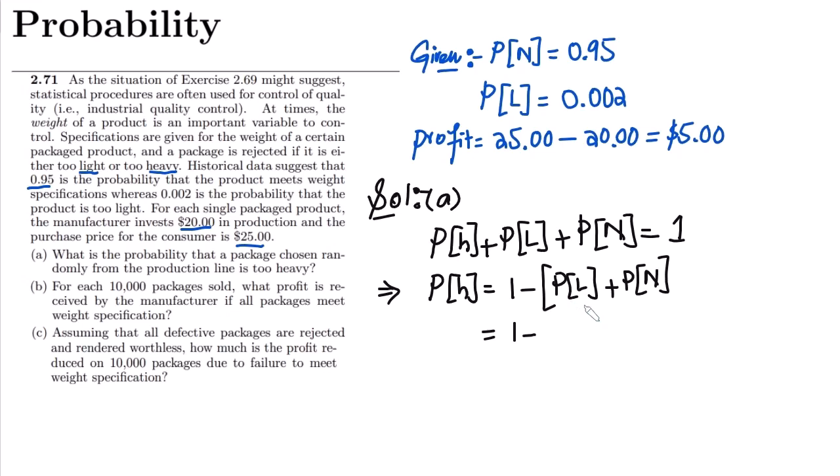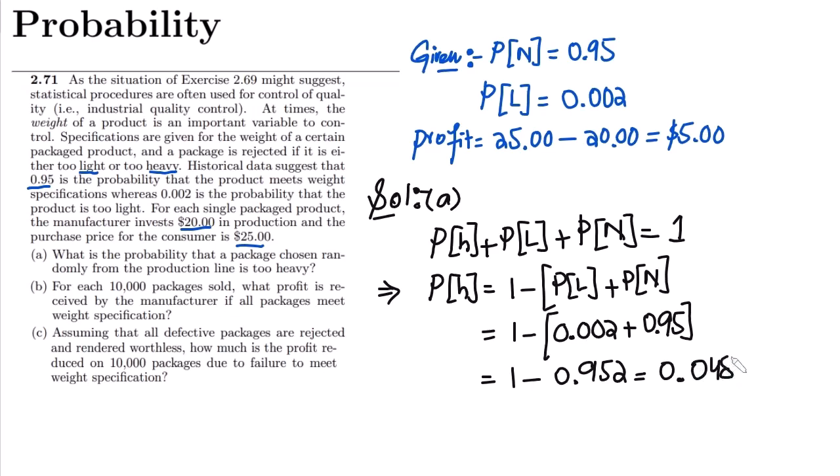So 1 minus 0.002 plus 0.95. Okay, so we will get 1 minus 0.952, and subtracting it from 1, I will get 0.048. Okay, so that is the answer of part A.